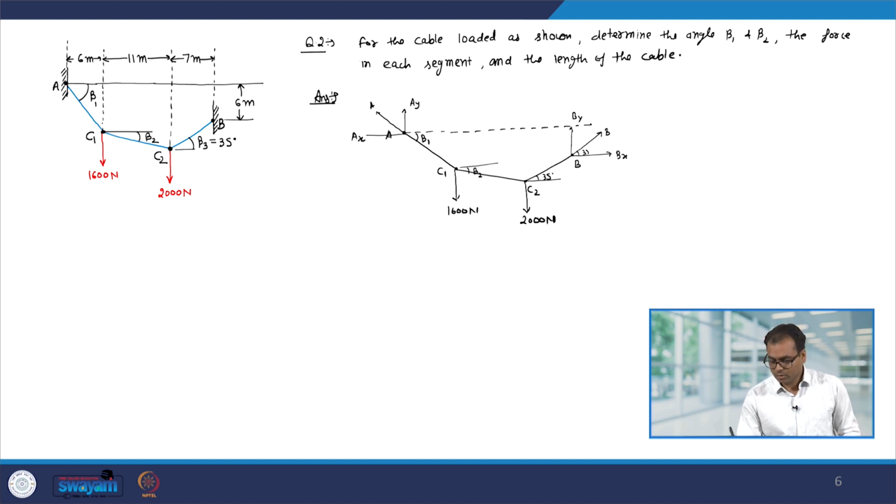So, therefore, this will also be 35 degree, and this is 6 meter, this is 11 meter, and this is 7.7 meter. Now, to find out the value of B, let us take the moment about A, so that Ax and Ay will go away. So, let us take the moment about A.